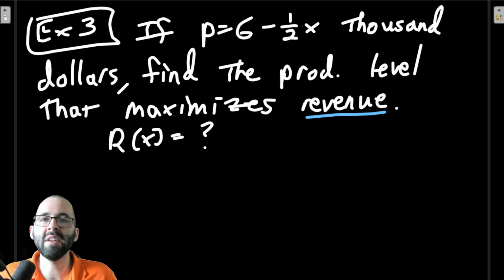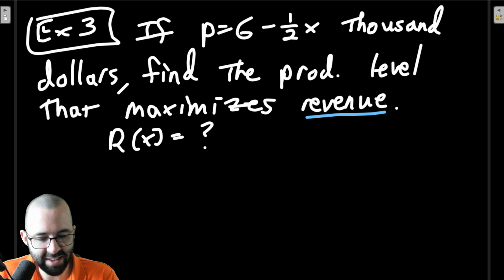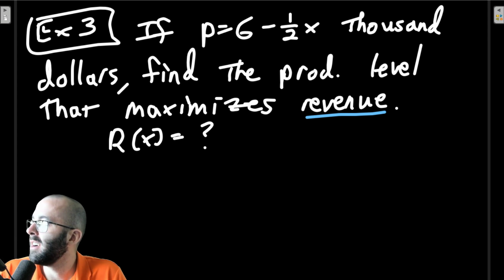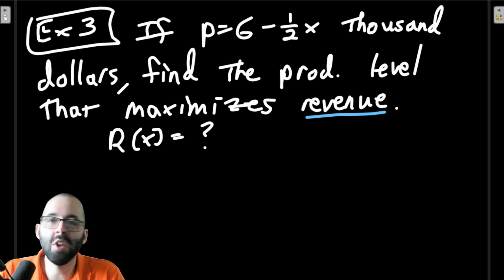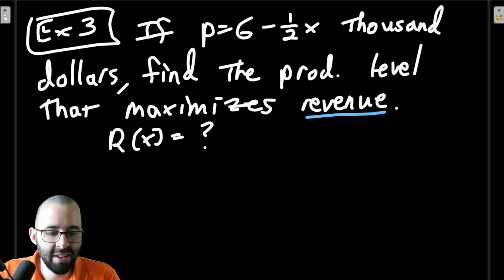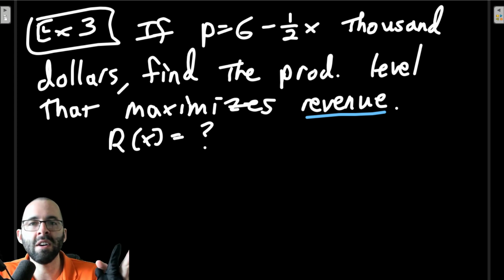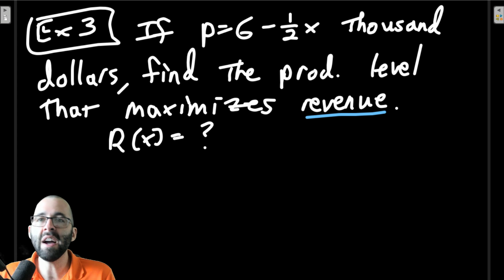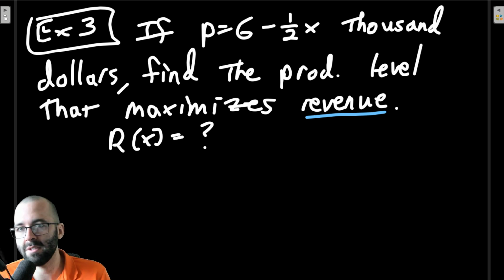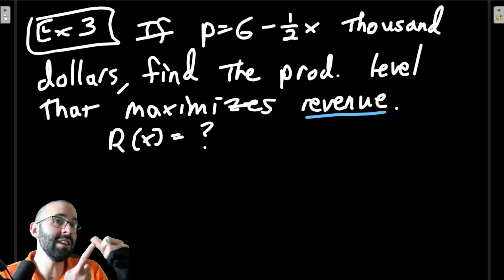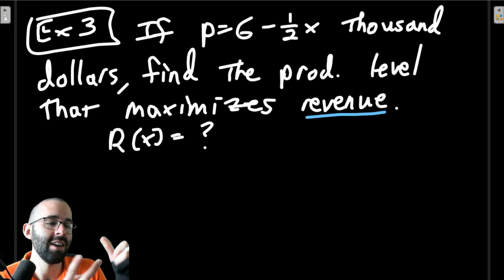If I'm selling a used car or whatever, if I sell 3 used cars for $3,000 each, the revenue is $9,000. If I sell 5 used cars at $1,000 each, the revenue is $5,000. What are we doing? We're multiplying how many things we sell with how much we sell them for.